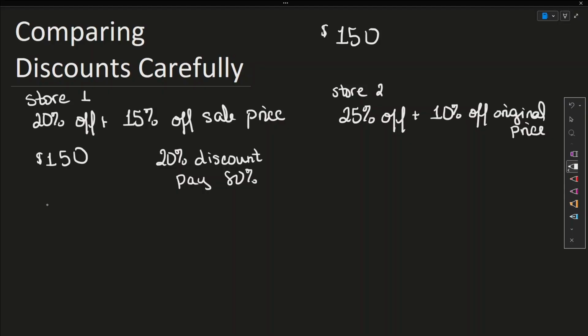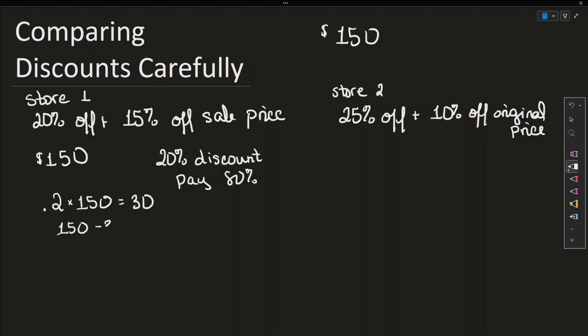One quick way we can find 20% of 150 would be 0.2 for 20% times 150. That gives us 30. So the first discount is $30.